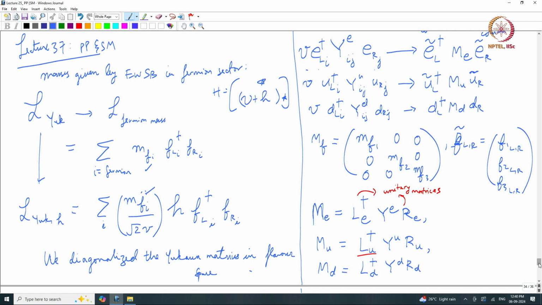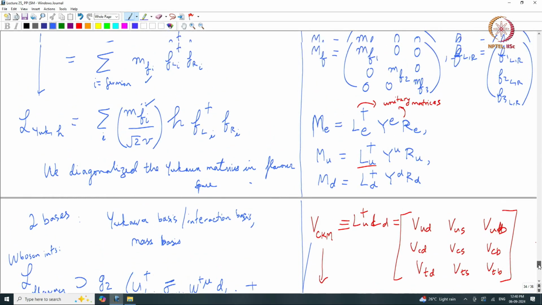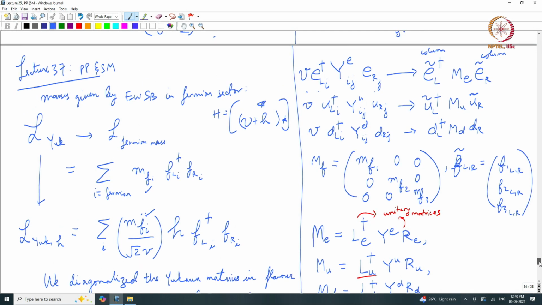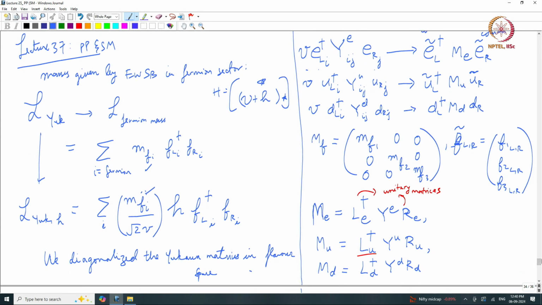But what was non-trivial was that to get to this mass basis, we had to rotate the fermion fields in flavor space. Said differently, we had to diagonalize the Yukawa matrices such that we got diagonal masses in flavor space.